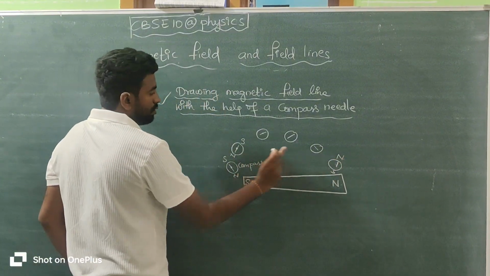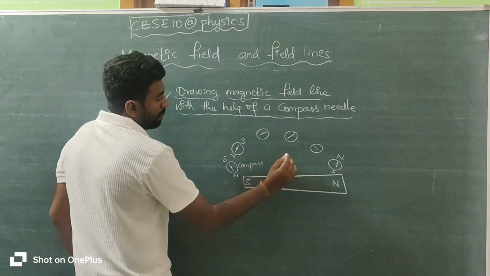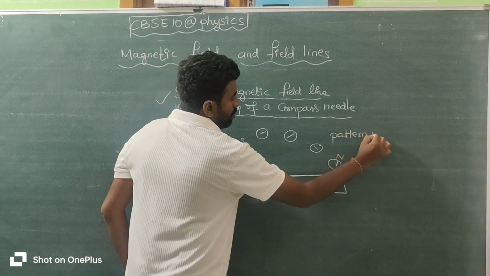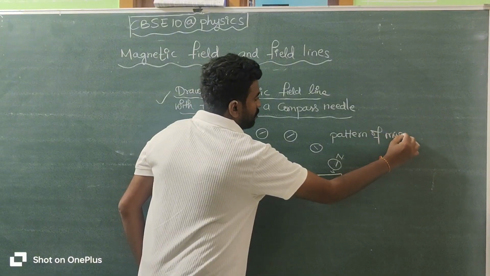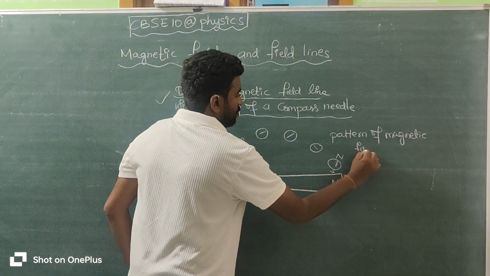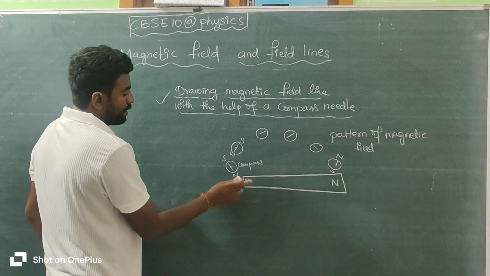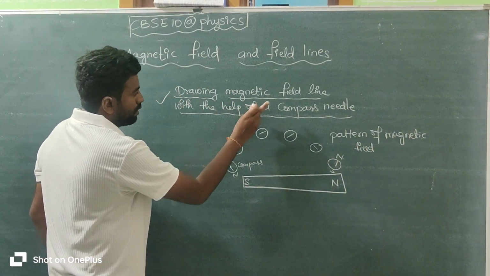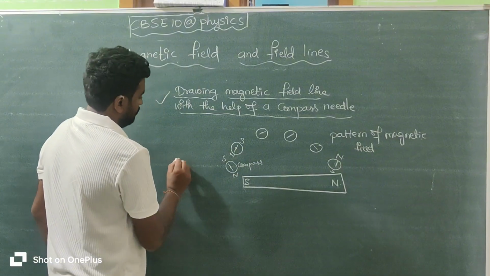This deflection shows the pattern of the magnetic field. By using a bar magnet and a compass, we can draw the pattern of magnetic field lines.